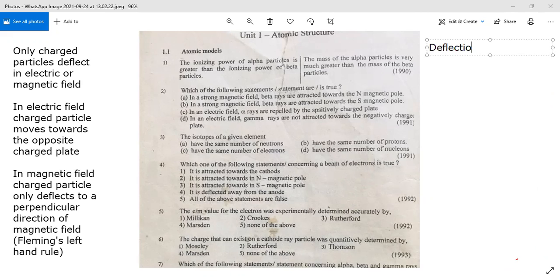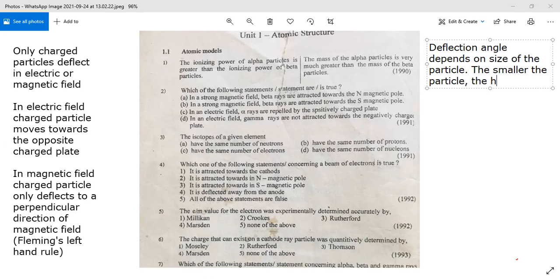Deflection angle depends on the size of the particle. The smaller the particle, the higher the deflection. This is more complex than this.